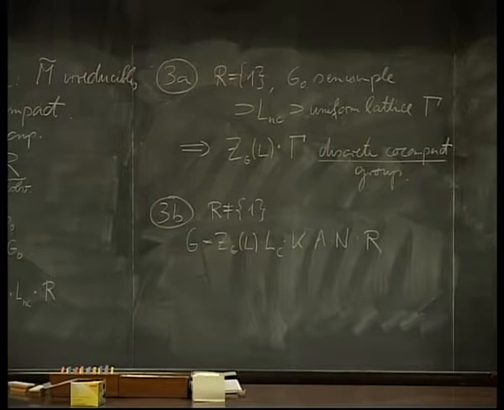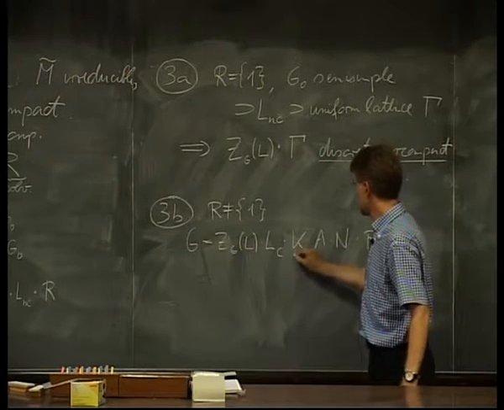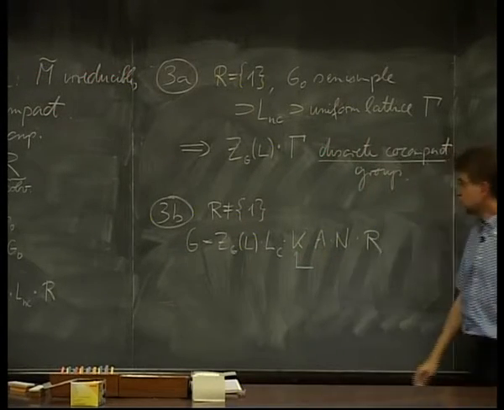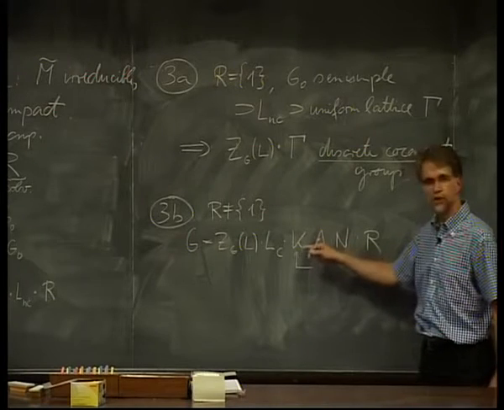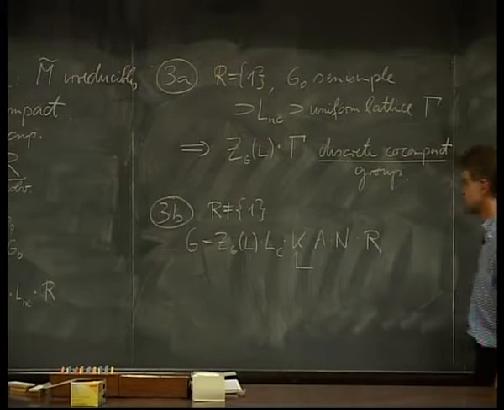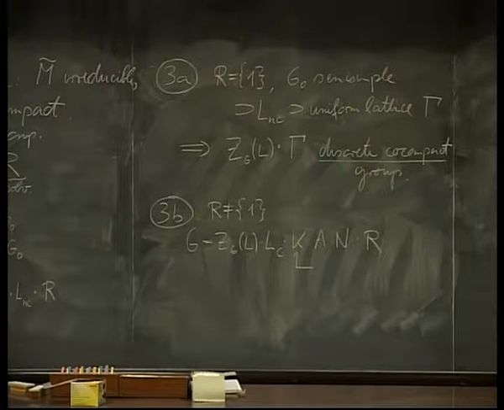And then there's some work to be done to show that this K is actually compact. In general, it will contain the center, and the quotient will be compact, and if the center is infinite, then K itself will not be compact. So, for example, like with the universal covering of SL2R, such problems occur.